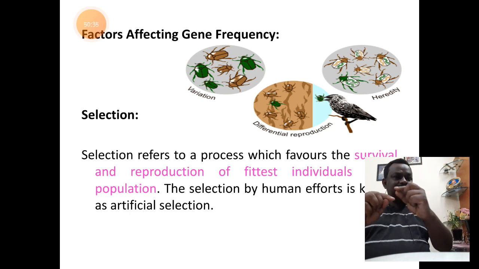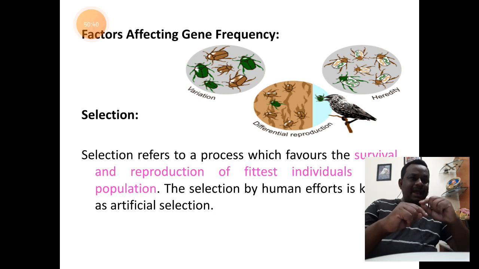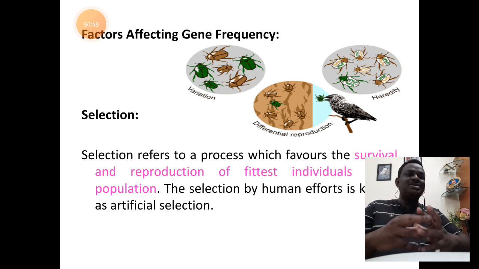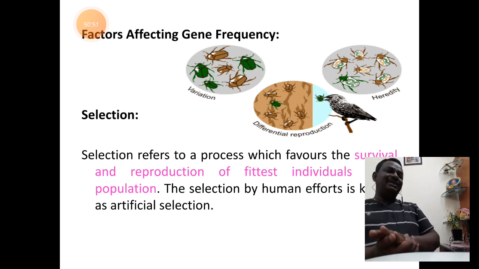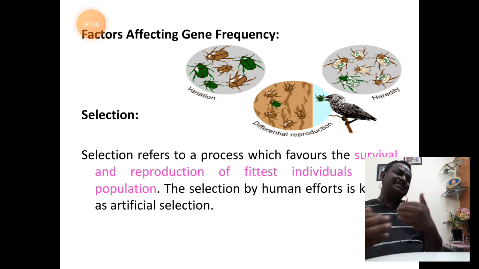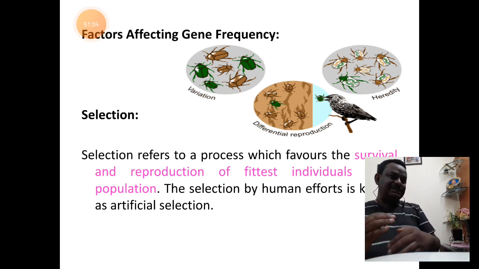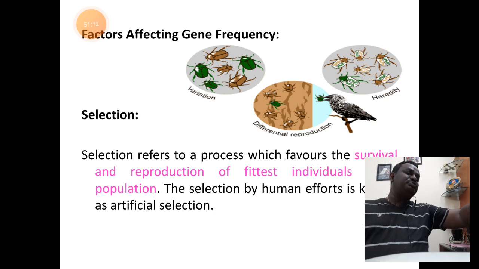Due to predators, the green ones are eaten away by the bird, and thereby certain changes occur, and the brown ones are getting inherited. The coloration of the background on which they remain matters a lot, because it confuses the predator. Both the organism and its background remain the same color, so the brown ones are selected here. So thereby certain changes are brought within the brown organisms, and that forms a new species in future.